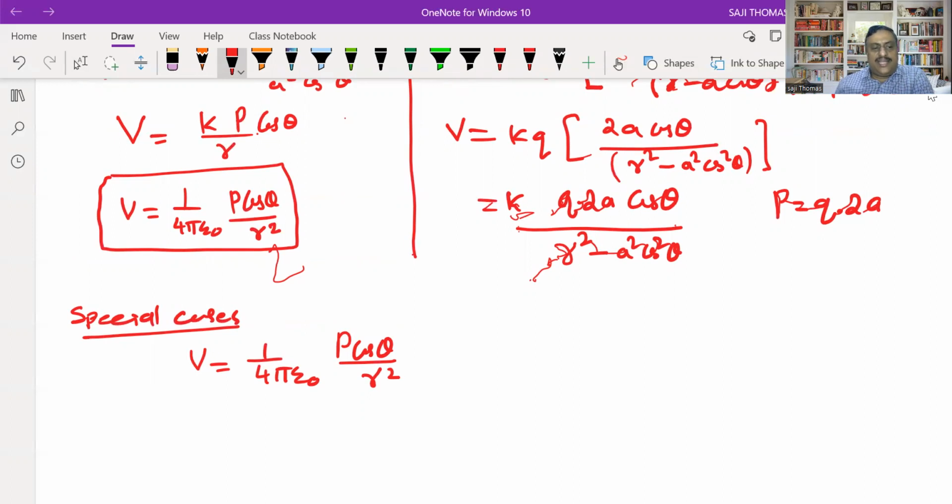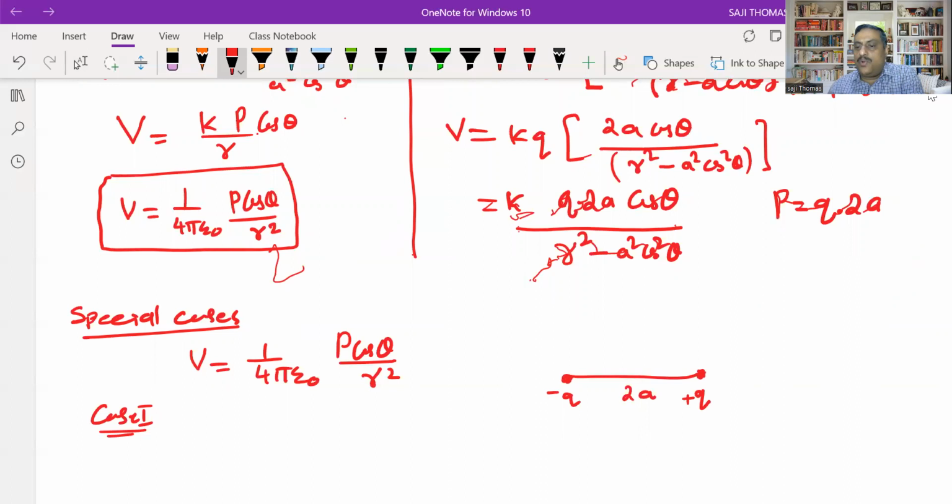Now, as first case, if we consider the point on the axis of the dipole, see, this was minus Q, plus Q, dipole. This distance was 2A.